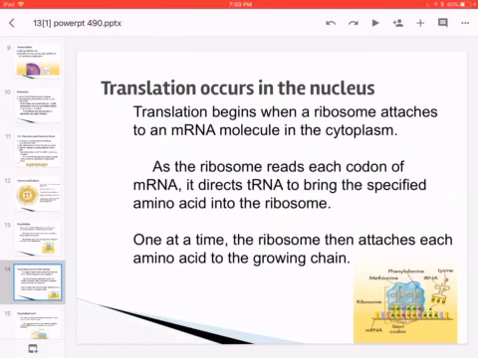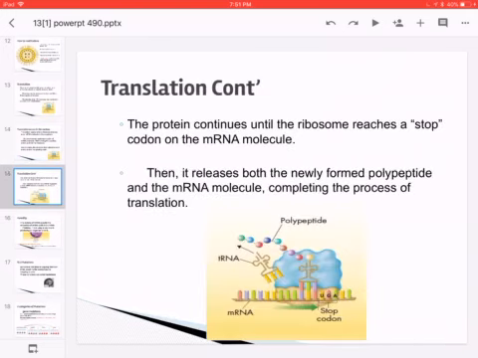So translation is going to occur in the nucleus, and it goes through that whole process of DNA to messenger RNA to that codon chart to picking up an amino acid. And one at a time, the ribosomes are then going to attach each amino acid and make this growing chain, which will end up to be a protein. Okay, the protein continues until the ribosomes reach what's called a stop codon on the messenger RNA molecule.